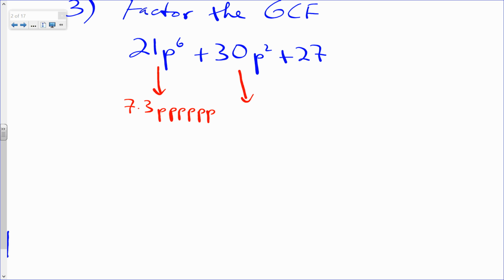This one I can write as 6 times 5. But 6 I can rewrite as 3 times 2. So it's really 3 times 2 times 5, times p times p. See, I have to go all the way to the basic factor parts.